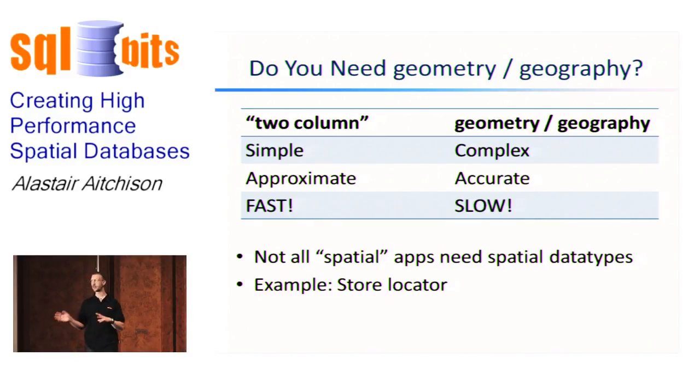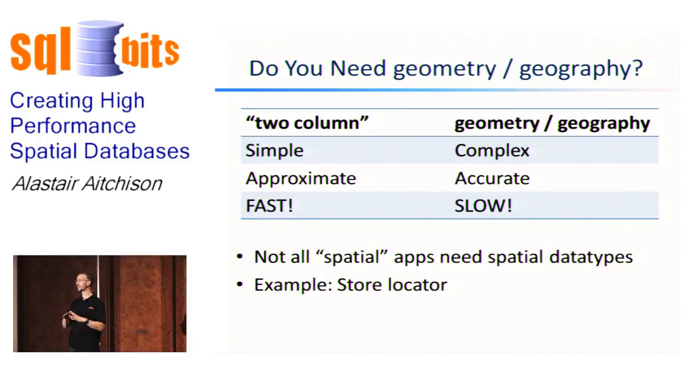Another example, I don't know if any of you were in the Bing Maps presentation this morning, but it's quite common now to see a web page where users can browse around a map, and the map goes back to SQL Server and returns a list of points of interest located in the currently visible map screen, for instance.